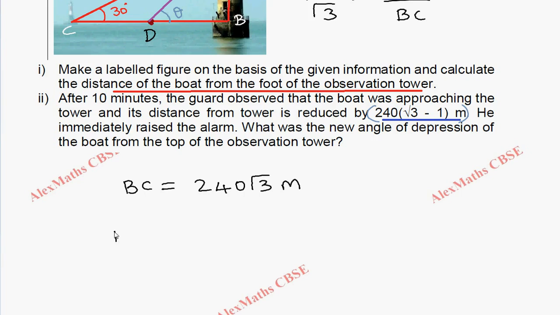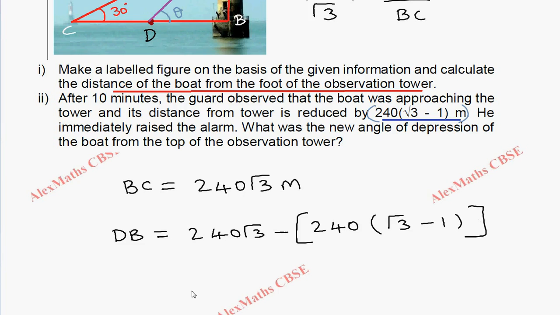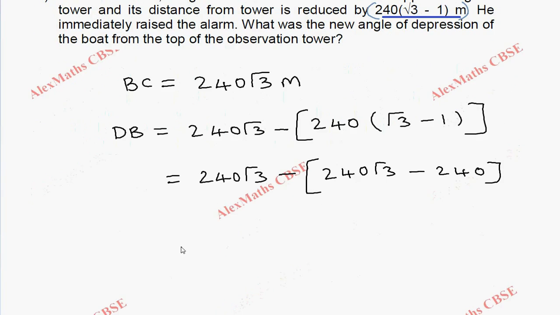So DB equals, from the entire 240 root 3, it is reduced by this much. So minus 240 into root 3 minus 1. Now this is 240 root 3 minus, when we multiply this inside, 240 root 3 minus 240, and we have to take this minus sign inside.